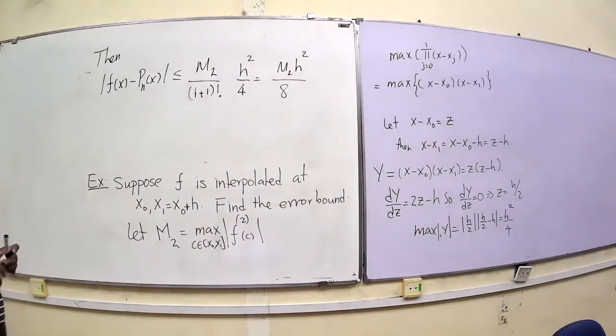When you do that, you get this: the absolute value of f of x minus p of x is less than or equal to M2 over 2 factorial times h squared over 4. So this is how you find the error bound, by using the error formula. This is one way of doing that.